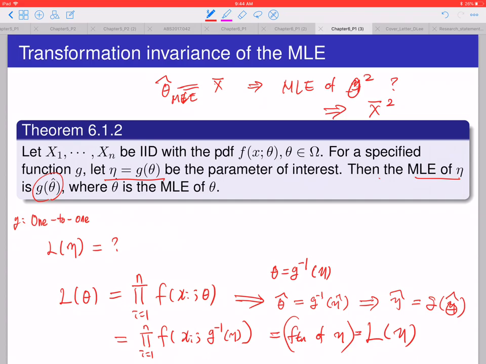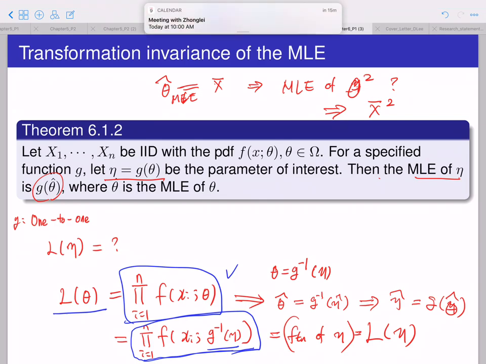So basically the point is that maximizing the likelihood function of theta, for a one-to-one map, is actually maximizing another function of eta.